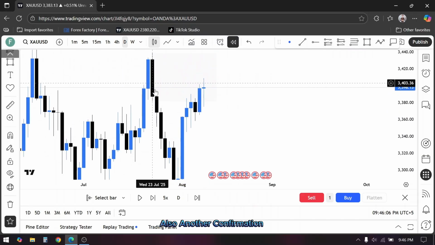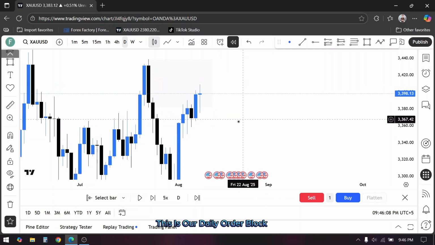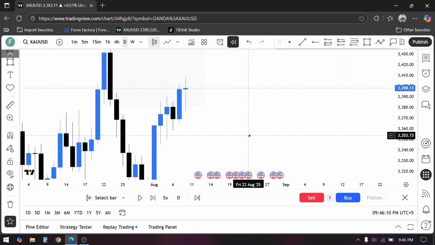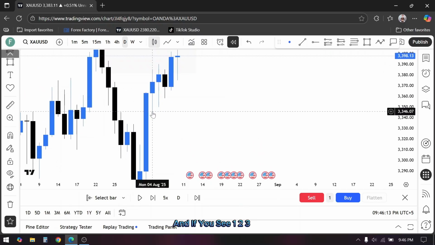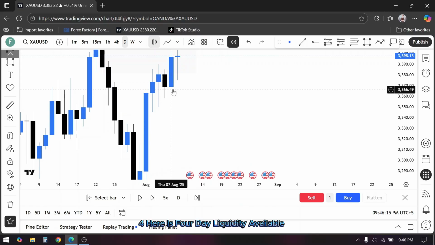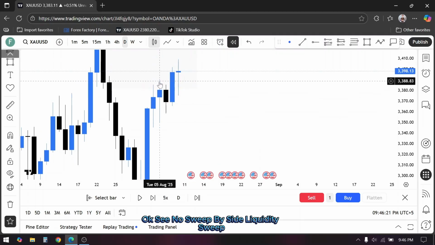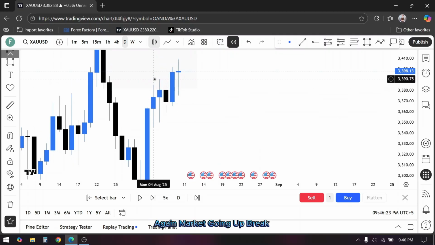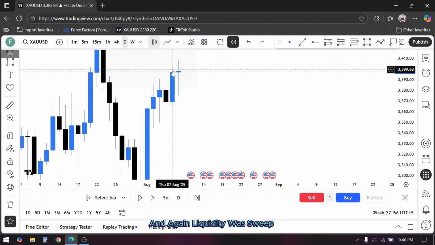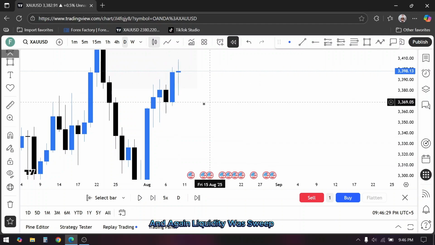Also another confirmation, this is our daily order block. And if you see, 1, 2, 3, 4, there is four days of liquidity available. See, buy side liquidity was swept, the market went up again, broke structure, and liquidity was swept again.